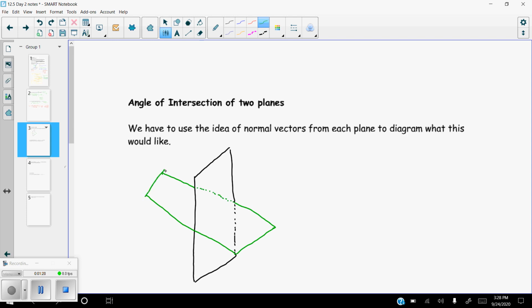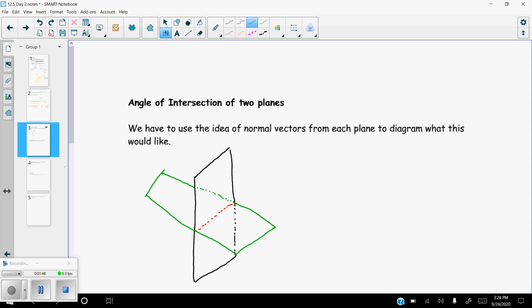All right, it's not the best, but it'll do. So right here would be like the intersection. As a matter of fact, let me put that in a different color. Right here would be the intersection of those two planes. So hopefully you can kind of see what that's doing there.